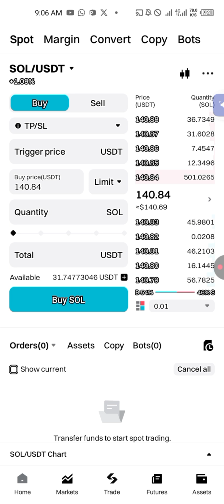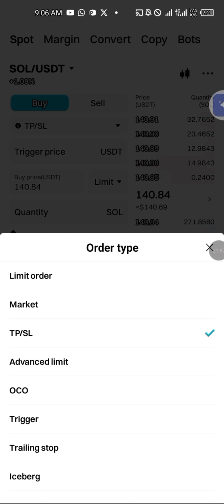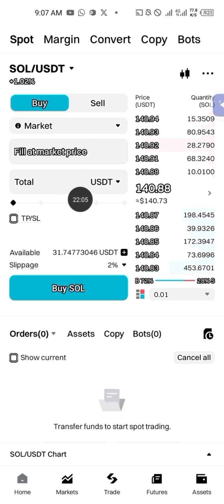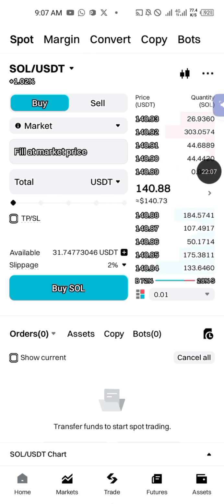Maybe if Solana goes below my SL, then the market will just quit, and the remaining money, or let me say remaining balance, will be in my available balance, right? So look right here, this is TP, right? First thing we need to do, we need to come to market. If I want to buy right now in a market order, then I'll tap here.